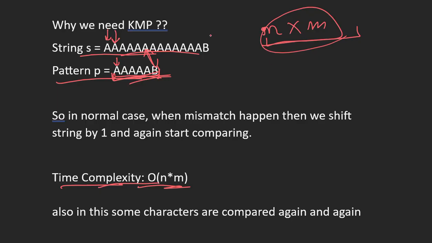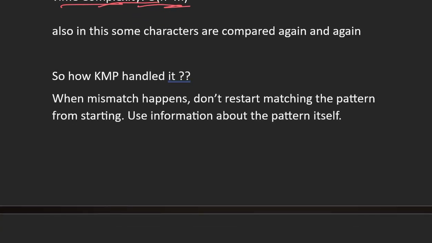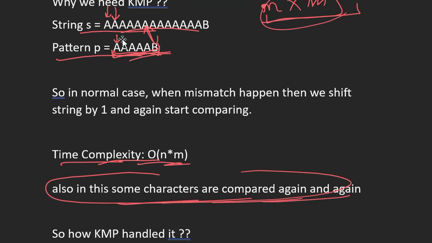To reduce this time complexity, we will be using the KMP algorithm, because if you have noticed, some characters are compared again and again in the above case. See, these five A's present initially.